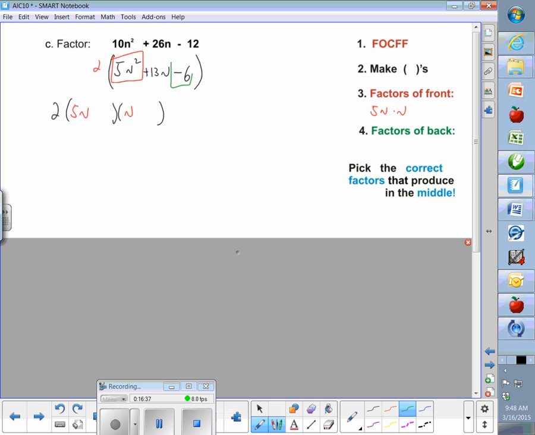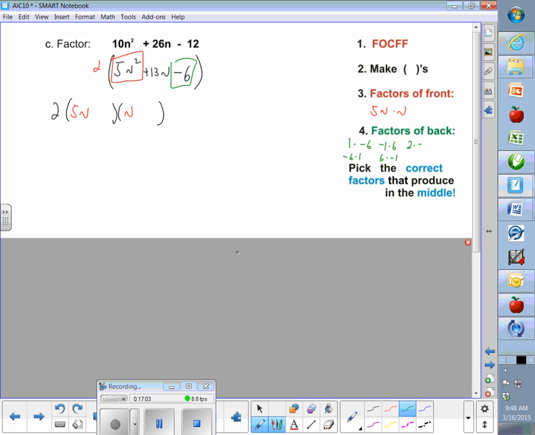I'm looking at the back. It's a -6. Okay? I can have a 1 times a -6. Again, if it helps you, do the switched order. I can have a -6 times 1. I could have a -1 times 6. In the switched order, a 6 times a -1.